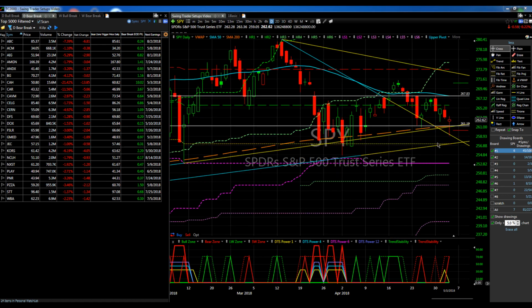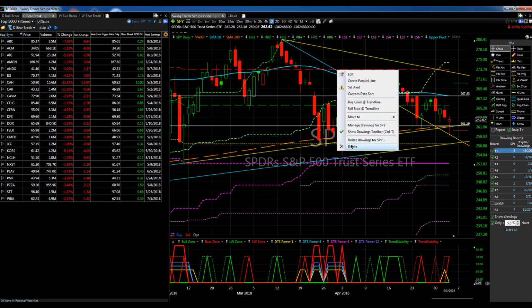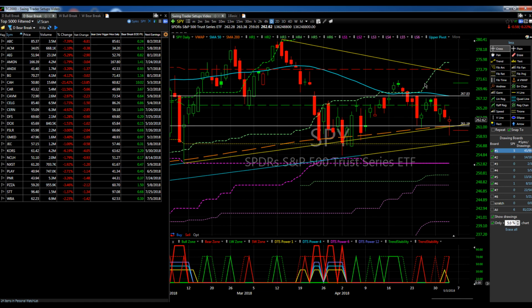SPY as well tested the 200. This was an old trend line that I had drawn on this chart, and I don't even remember why, because it's not in the right place now. I think I had it on an intraday and it's just extended itself out. Let's get rid of that. That should have actually been up here, and we will bring a new one in for that.